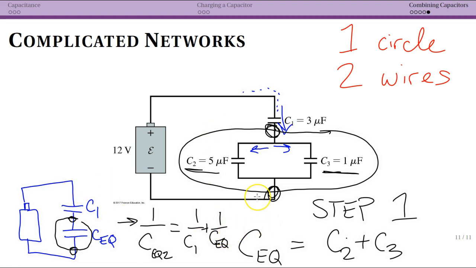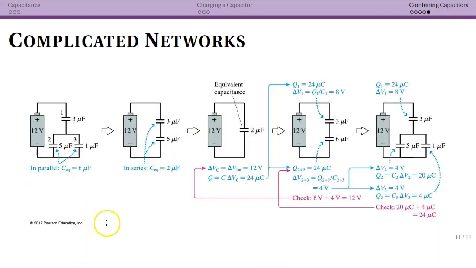So that's how you go step by step. You need to think about going kind of from the inside to the outside. And for some networks, there's more than one order you can possibly go in. For some, not all. But using this rule that you draw one circle and make sure that the circle only hits two wires will be a good way that you can always make sure you're doing it correctly.